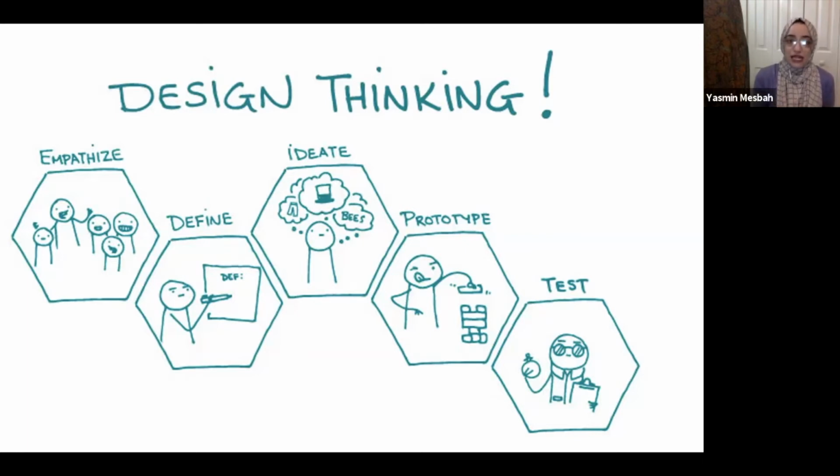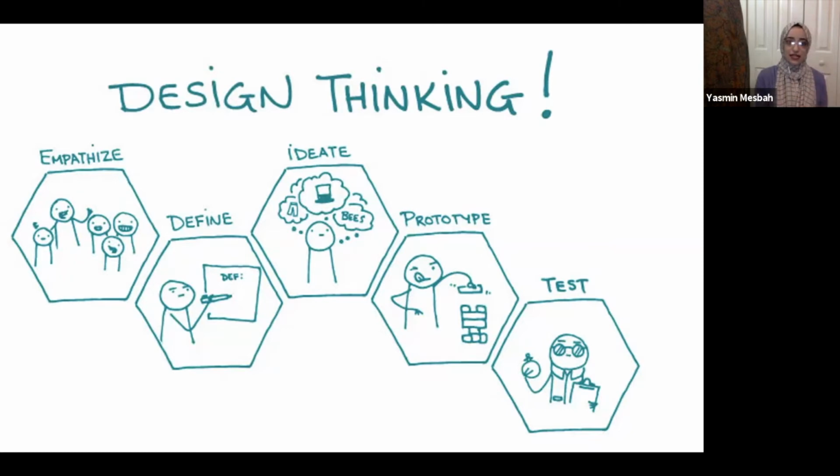And what that means is usually you'll have to really immerse yourself in what that user is going through in order for you to be able to fully empathize with them. So that involves things like conducting interviews, doing field research, field observations, getting as close as possible to imitating the life experience of that end user.